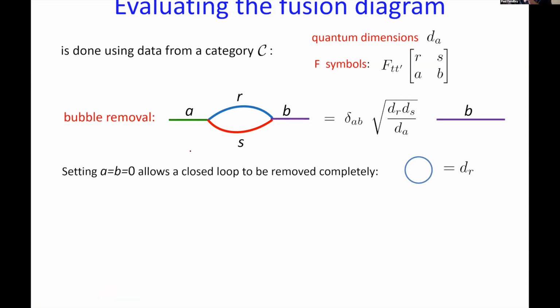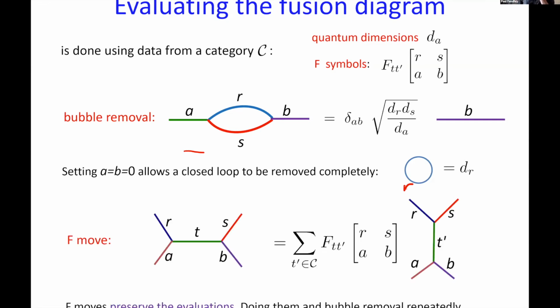So this is the bubble here, and you remove the bubble and you get that straight line there. You multiply by those numbers, and the delta AB tells you the two ends have to be the same. For example, if you set A and B to be the identity, so that's just no edge whatsoever, you just get a circle and then you evaluate. Sorry, that should have had an R there.